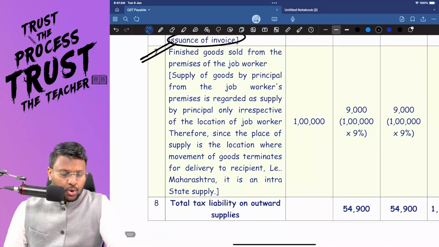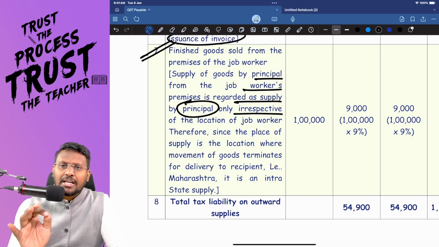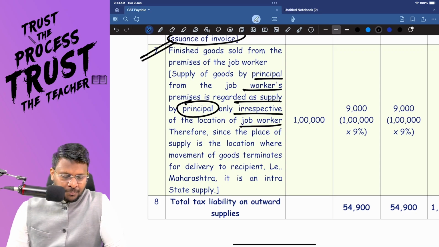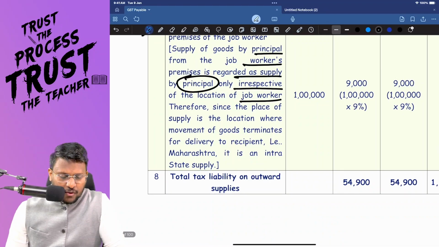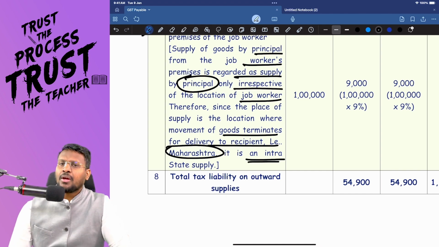Sir, supply of goods by principal from the job worker's premises is regarded as supply by principal only, irrespective of the location of the job worker. Therefore, since the place of supply is the location where the movement of goods terminates for delivery to the recipient, that is Maharashtra. It's an inter-state supply.